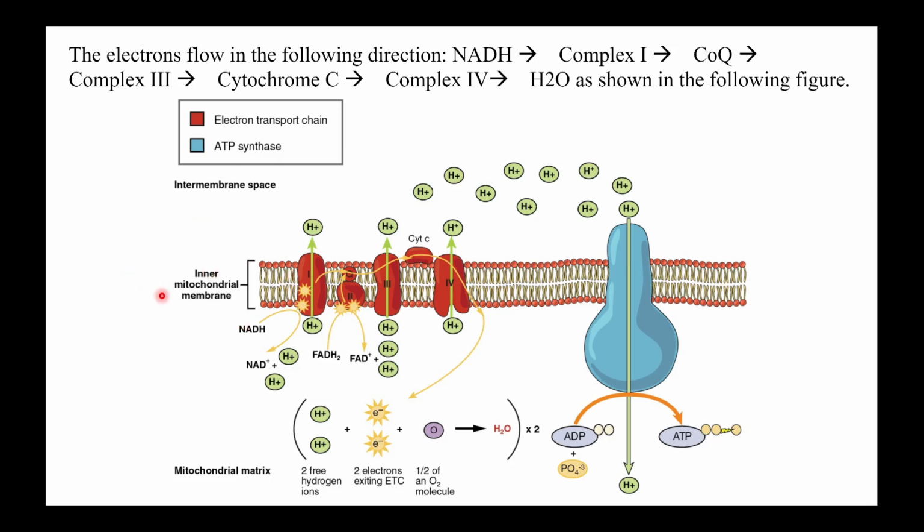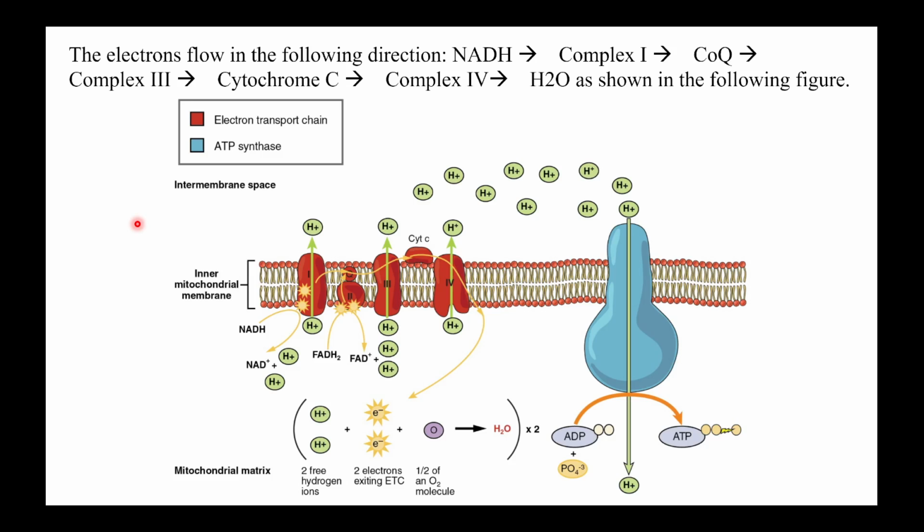So here you see, the electron transport chain basically occurs after glycolysis. From glycolysis, we were getting pyruvate, right? So those pyruvate molecules get converted into acetyl coenzyme A, and that acetyl coenzyme A enters the citric acid cycle.